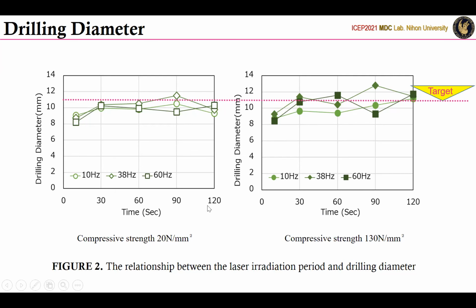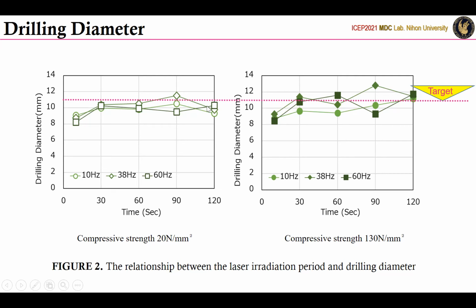The x-axis shows the irradiation time, and the time increases as it goes to the right. The y-axis indicates the diameter of the hole, which increases as it goes up.